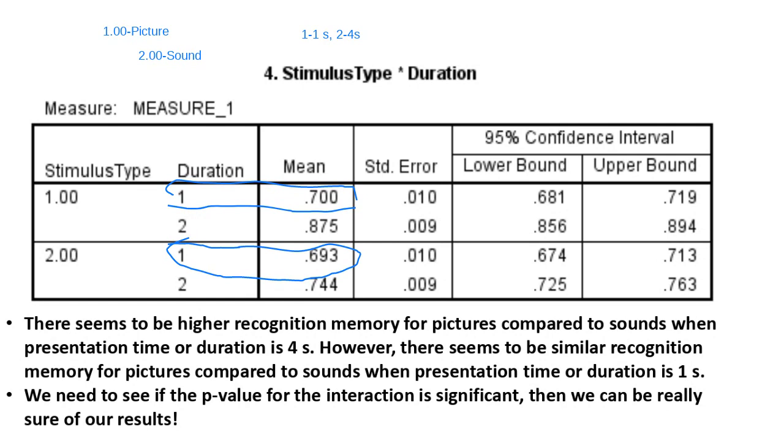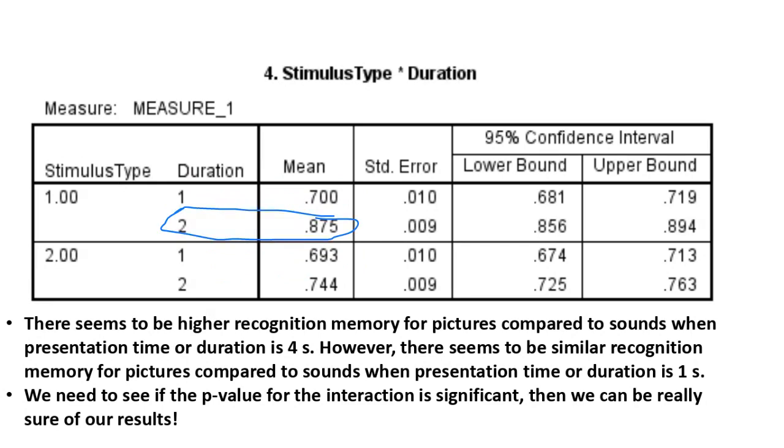Yes, they're very similar. So there's no significant, well, we're just eyeballing it here. We haven't looked at the statistics, but these are the marginal means. It looks like 0.61, 0.69, and 0.70, there's only a 0.01 difference. But what happens when you look at here, which is the 0.875 and 0.744, and your stimulus type is sound and then picture.